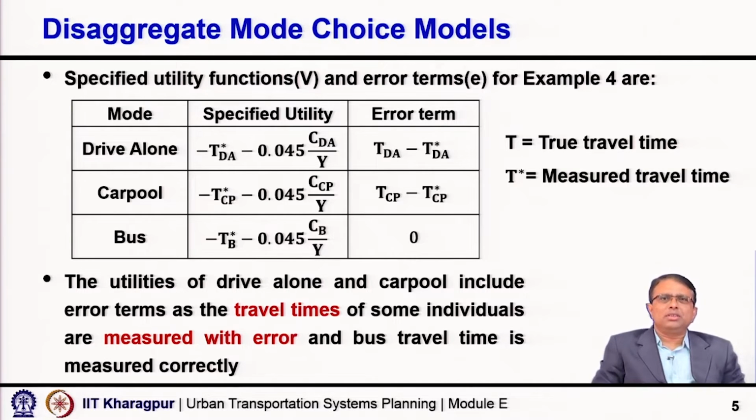Recollect this example where we said that the true utility and the modeled or specified utility could be different because of the measurement error.